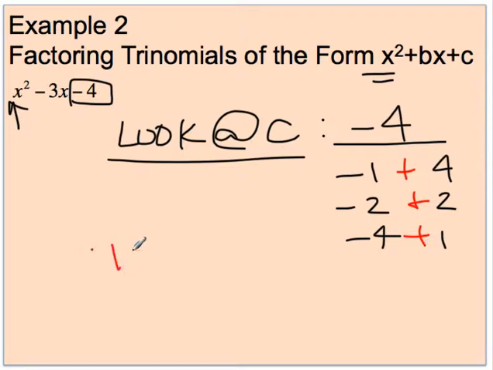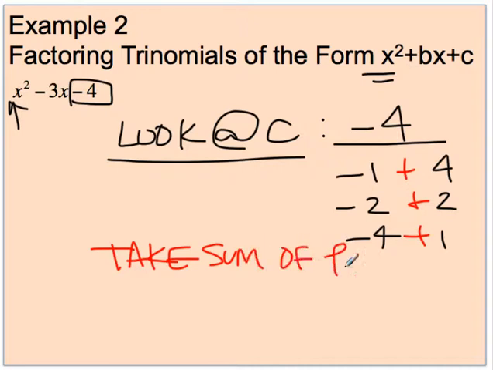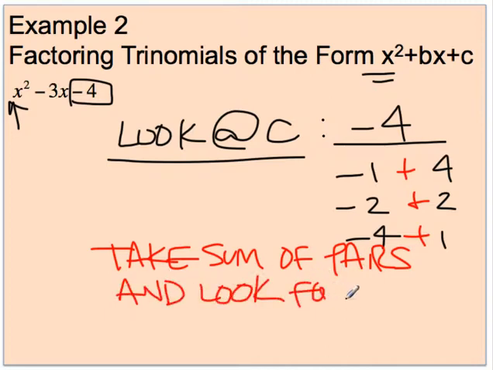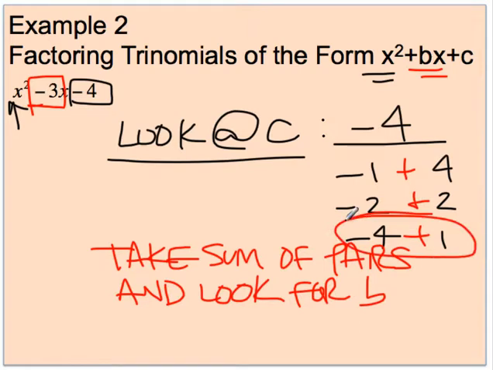So we're going to take the sum of the pairs and we're looking for b. And the b that I'm talking about is this b. So we're looking to make -3. In this case, this is the pair that would give us -3.